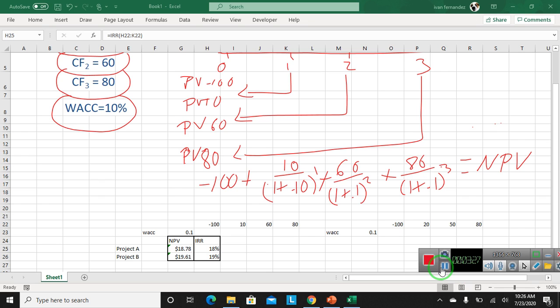That's a little more complicated to understand than NPV, and that's actually one of the problems. So IRR is the discount rate that will force the entire NPV to be equal to 0. Think of this as the cost of capital that will make your project break even.